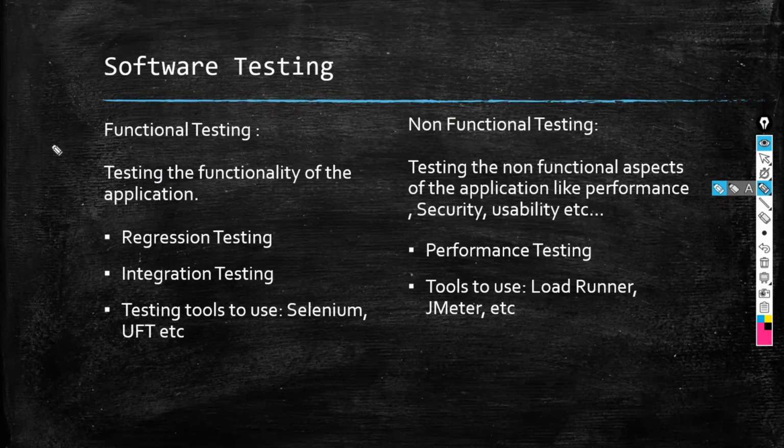So in software terminology as well, if you want to test the performance of an application, you should apply some load. Without applying any load on the application, you cannot call it performance testing. For example, you are using some bank application. If you are the only one user who is accessing the application, it doesn't make sense, right?